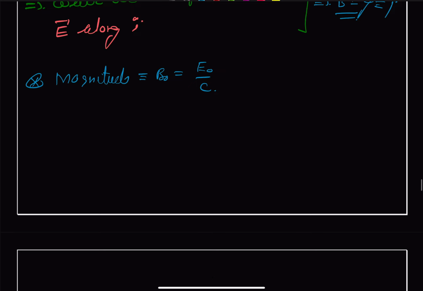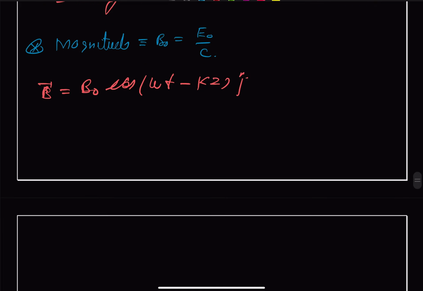Therefore, we can write that our magnetic field B will be equal to, this is magnitude B naught, cos of omega t minus kz, and direction is our j unit vector, or in terms of E naught, we can write this will be equal to E naught upon c cos of omega t minus kz j unit vector.